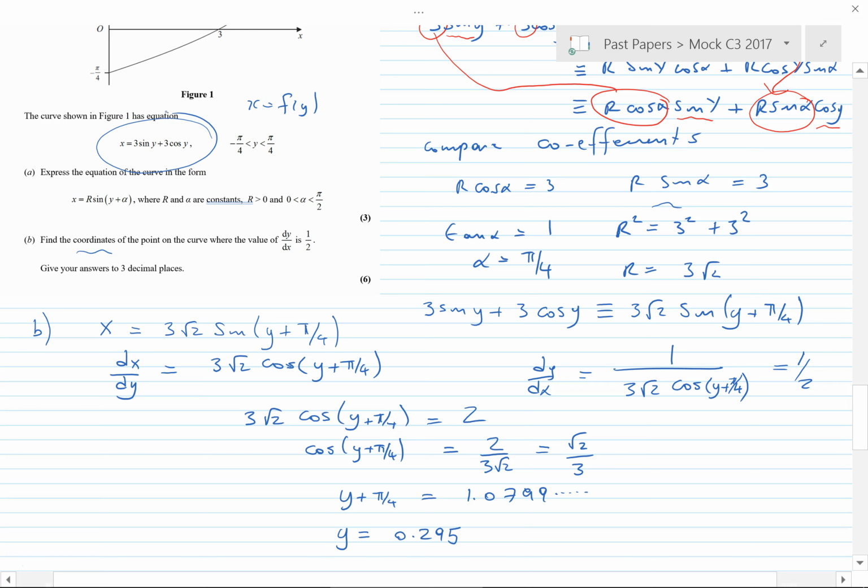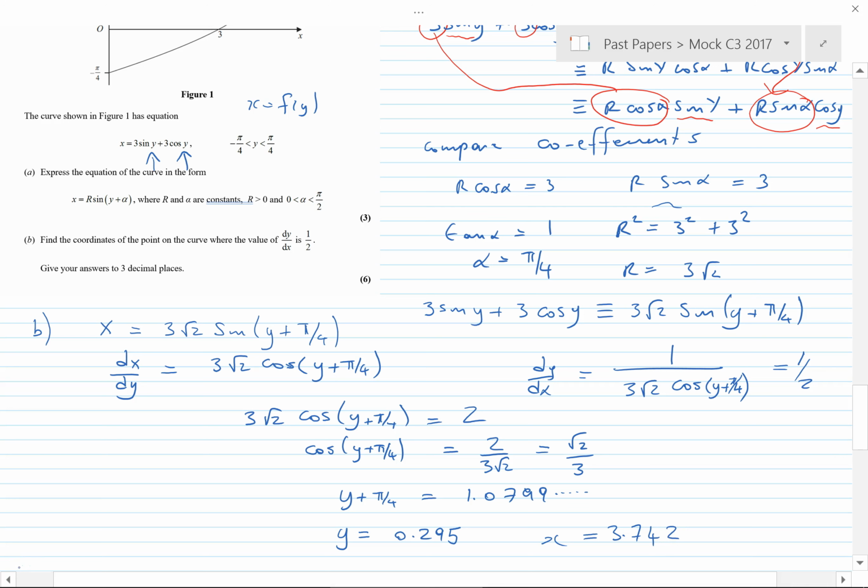Okay, I've got it stored on my calculator. Just put the number in the calculator and put it back into there, your 0.295 into there. And if you do that to 3 decimal places, you're going to get 3.742, I think.